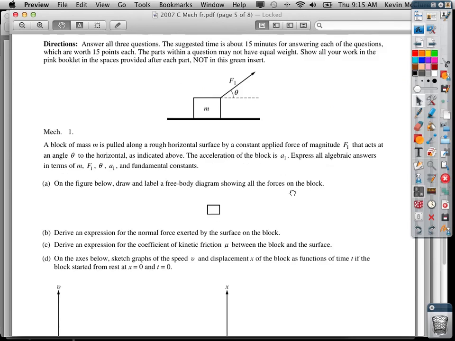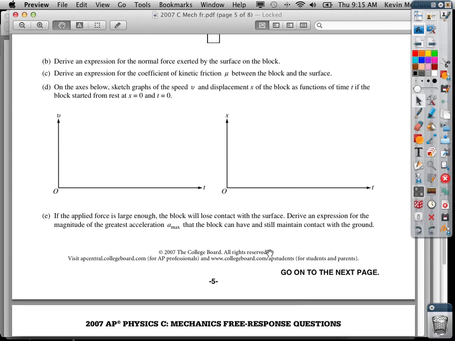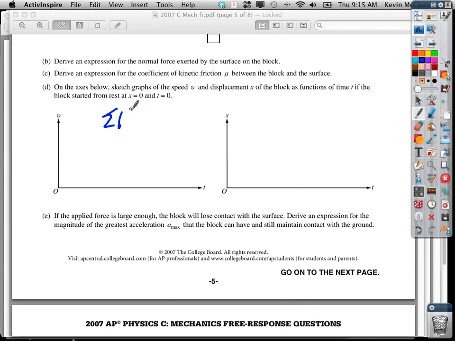Let's see, what did it say? Derive an expression for the magnitude of the greatest acceleration that the block can have. Okay, so I know the sum of the forces in the x is ma, and that's F1 cos theta minus F sub f, equals ma.